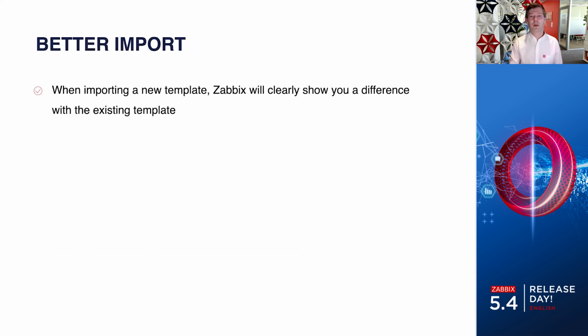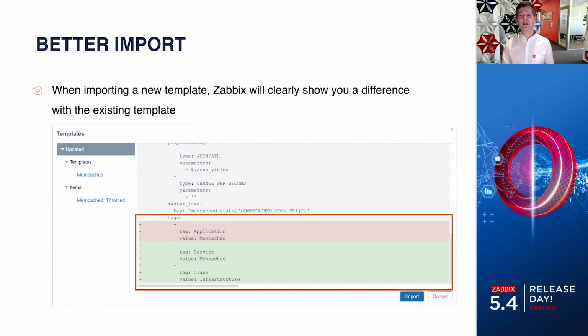Well, and better import, what does it mean? Now, if you import a new template or a new version of the template, Zabbix will show you clearly what is the difference, or what is going to be changed in Zabbix. All right, so for example, I have a new version of the Memcache template. I modified a few tags there, like I removed one tag, application, replaced this with two tags, like service Memcache and class infrastructure.